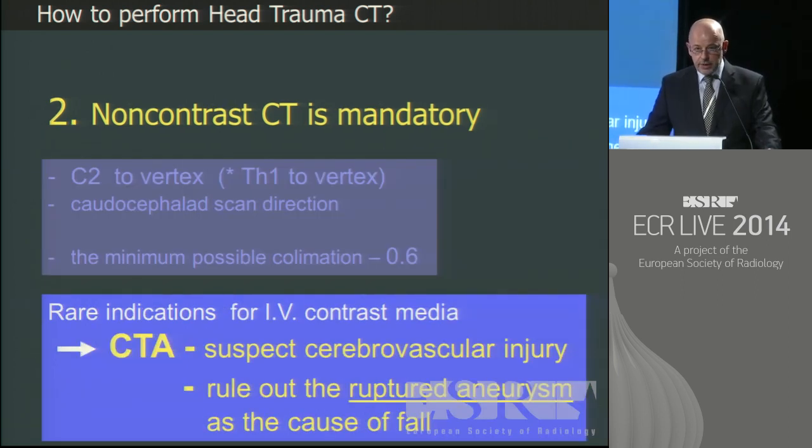There are very rare indications for contrast media in head trauma. I think there are mainly 2. The first is suspicion of cerebrovascular injury, and the second is the exclusion of a ruptured aneurysm as the cause of the fall, and we will move to this a little bit later.